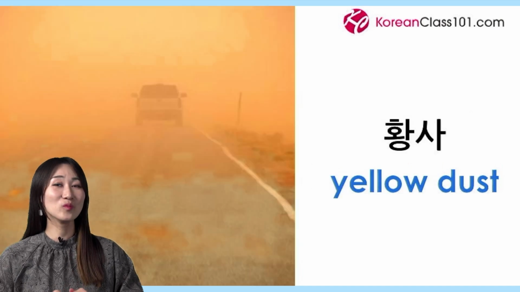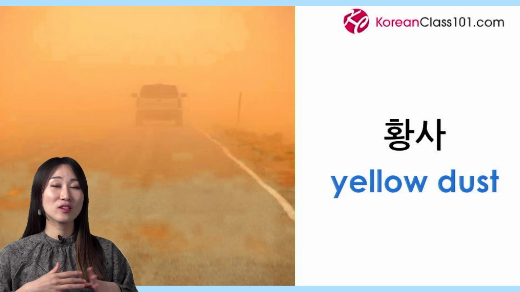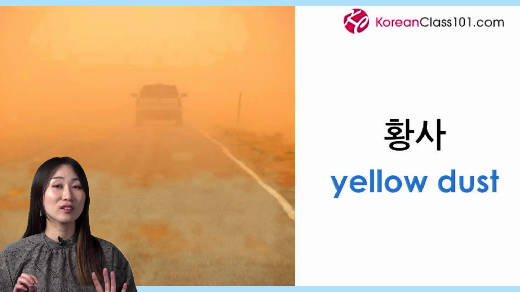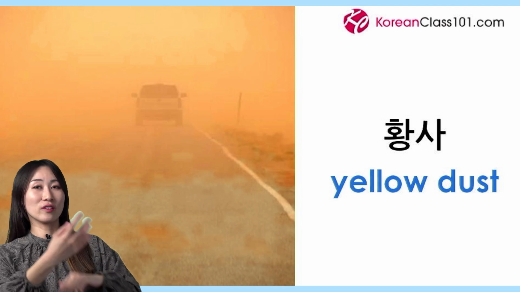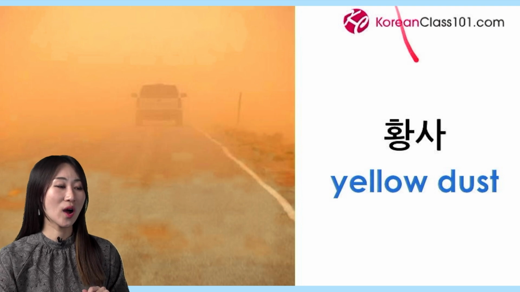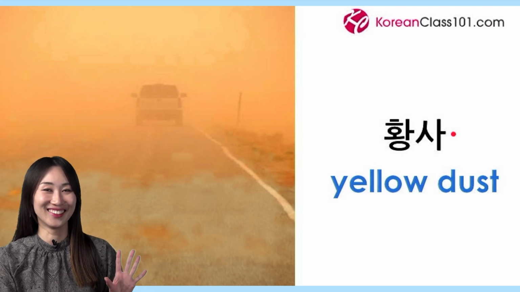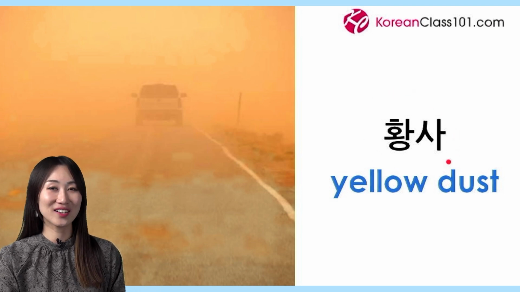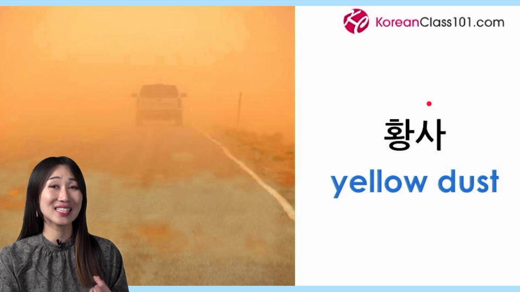Next, we have yellow dust. There is a big, huge desert in China, and the yellow dust comes from there. We call it 황사. 황사 has existed for thousands of years. So 황사 in Korea, in spring, by the way. 황 means yellow and 사 means sand.